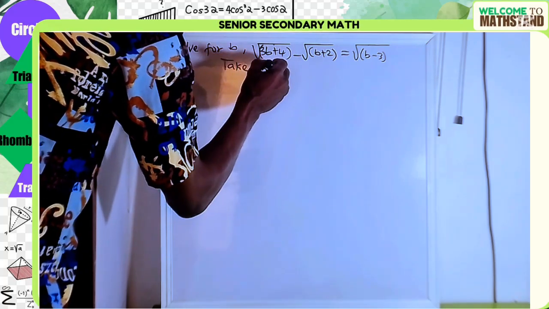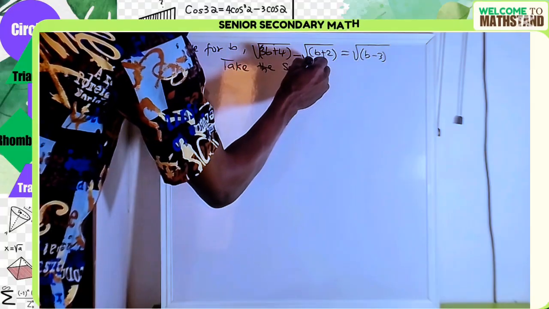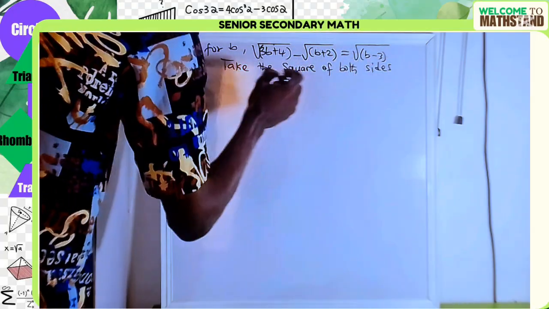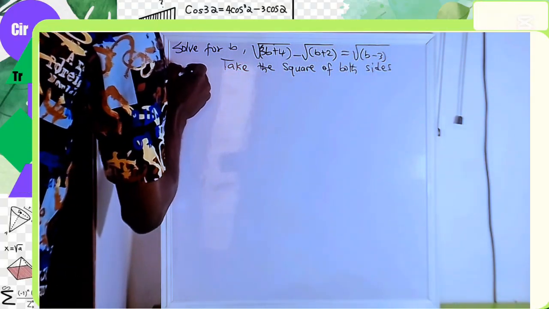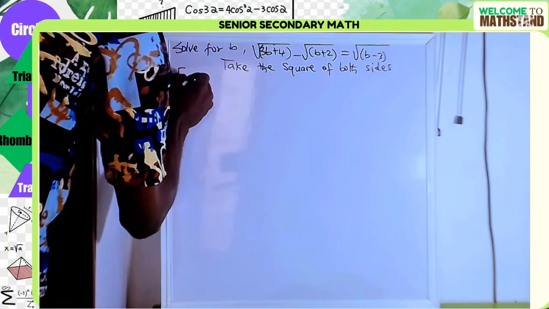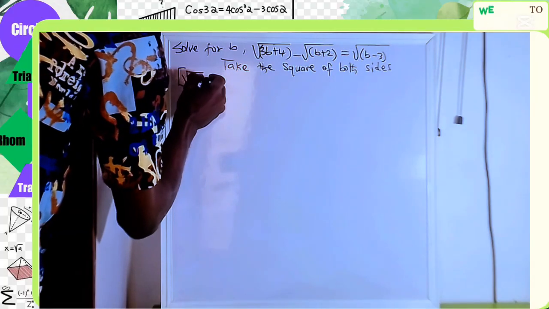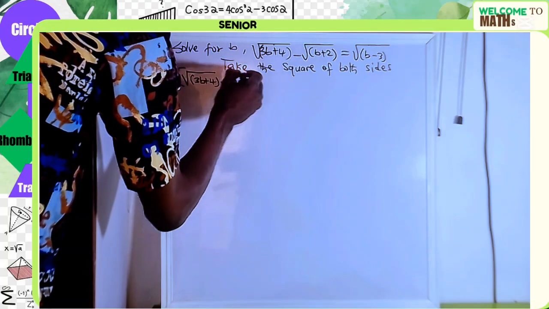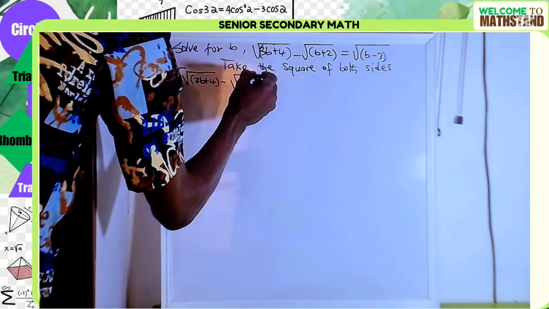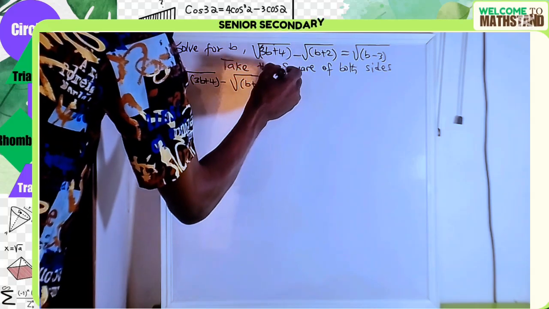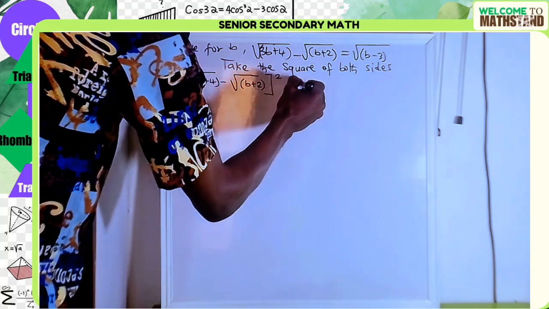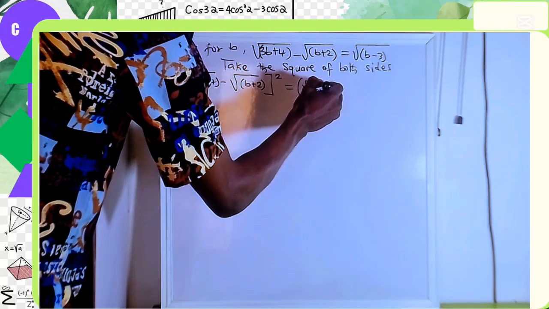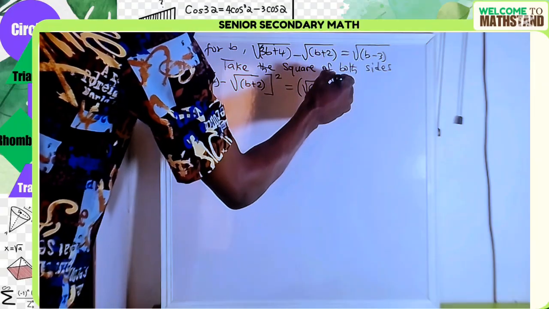Take the square of both sides. So here we have 3b plus 4 minus b plus 2, all raised to the power of 2, equal to b minus 3 raised to the power of 2.